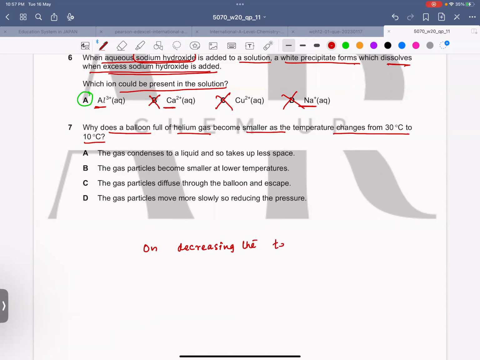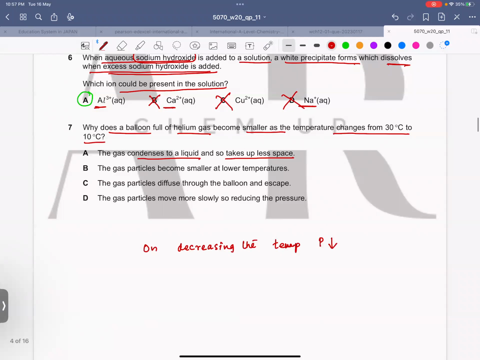Very good, on decreasing the temperature the pressure reduces and the movement goes slow, right? So the gas condenses to a liquid, so it takes up less space.